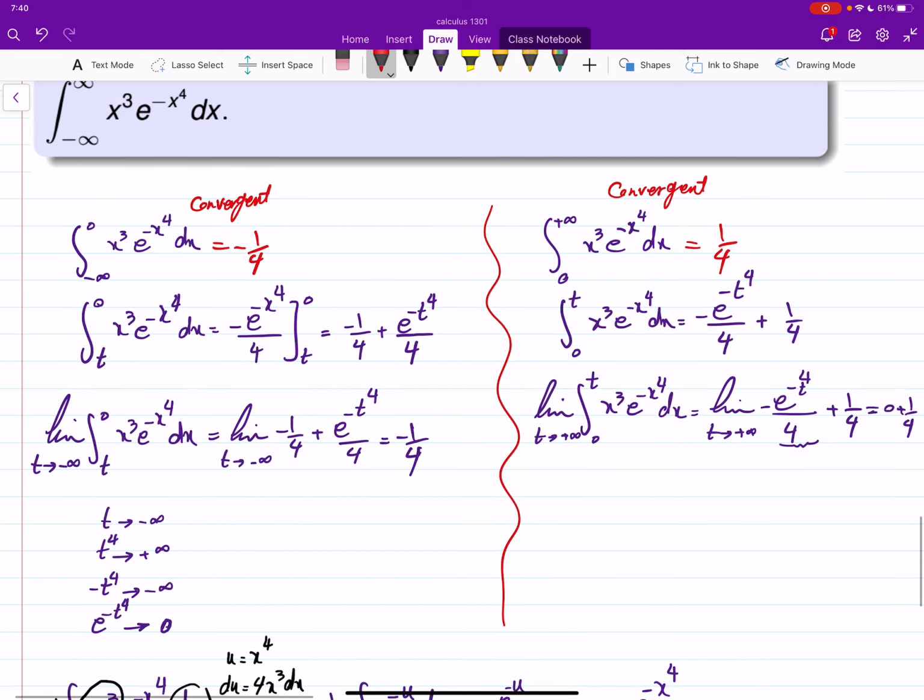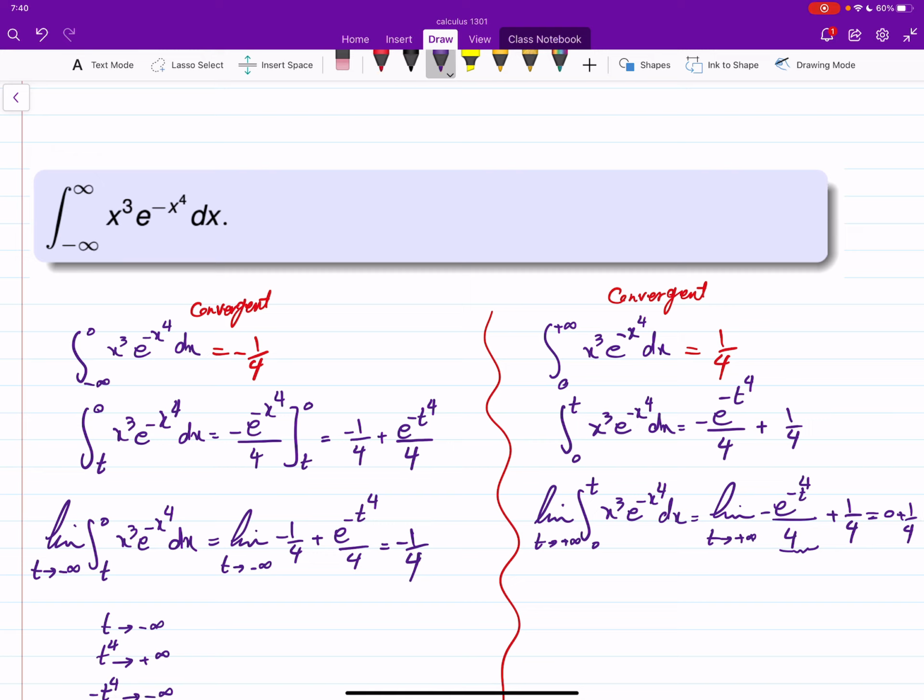So now that both of them are convergent, we can use the definition. So we can go from negative infinity to 0, and this will give us, added to from 0 to plus infinity. Both of them were convergent. So as a result, this integral, we already know that this is convergent. But we are looking for the value.